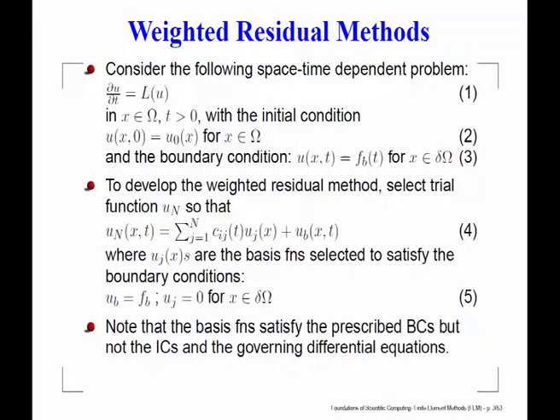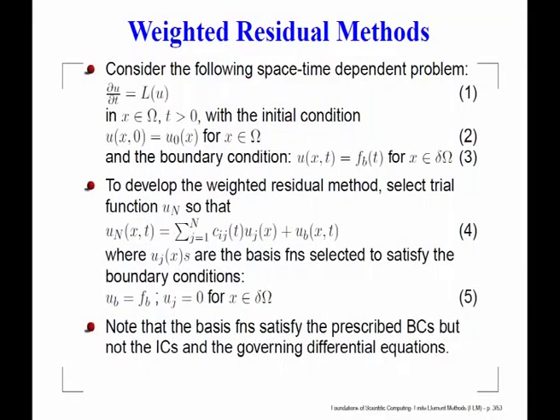Okay. Now, what you need to do in developing a weighted residual method is to start with defining a trial function. So, the numerical solution we indicate by subscript capital N, basically that defines how many terms we are taking. We are showing this trial solution to be composed of two parts. One is here Cj(t) times uj(x), and there is this additional term uB(x,t).